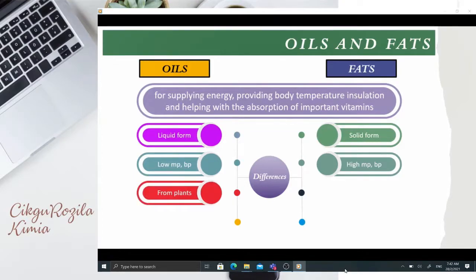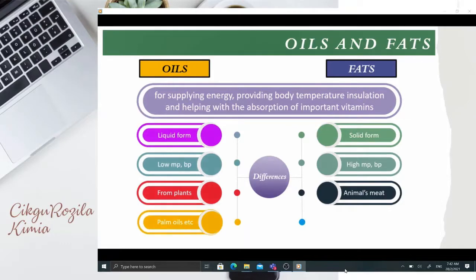We can get oils from plants such as sunflower oil, while fats we get from animals' meat. Other examples of oils are palm oil, coconut oil, and so on. Another example of fats is butter.